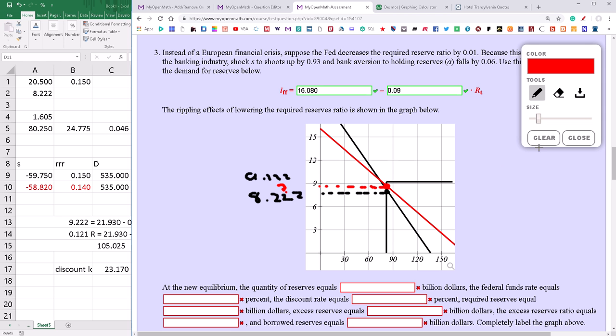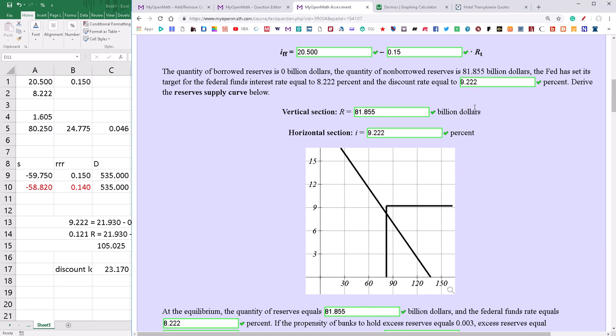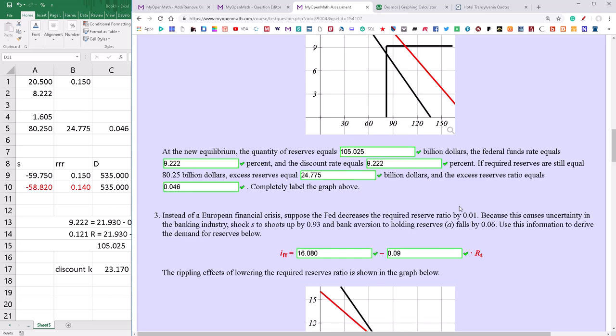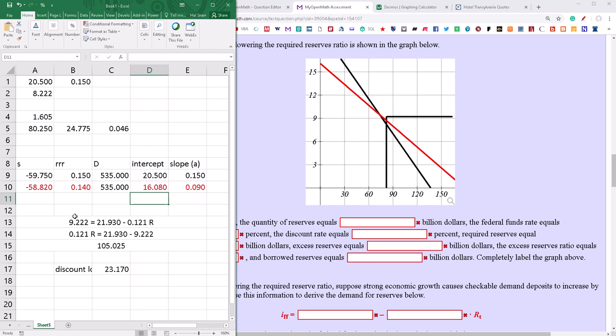We have a question mark there. But all we have to do is plug in that original value of the total reserves into the new demand curve. So let's close that out. So the original quantity of reserves was 81.555. Right? So let's do this.